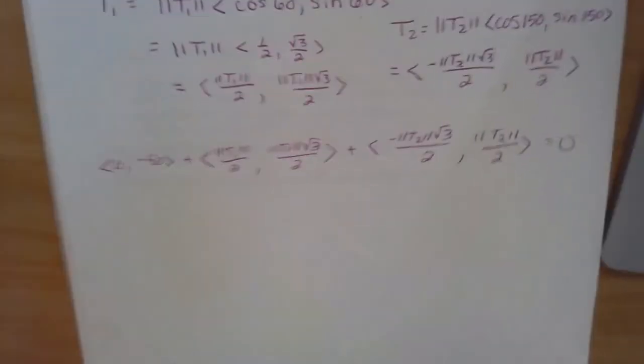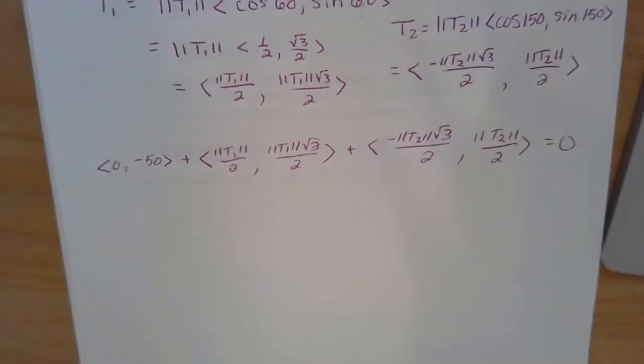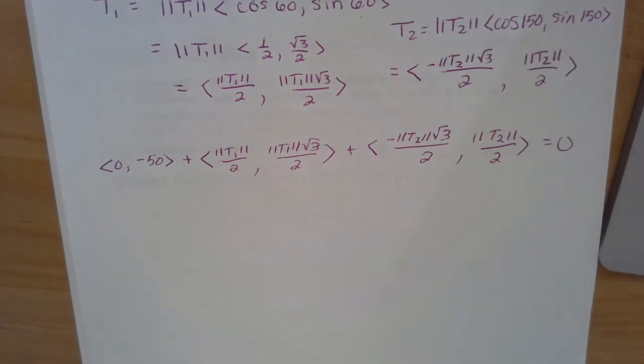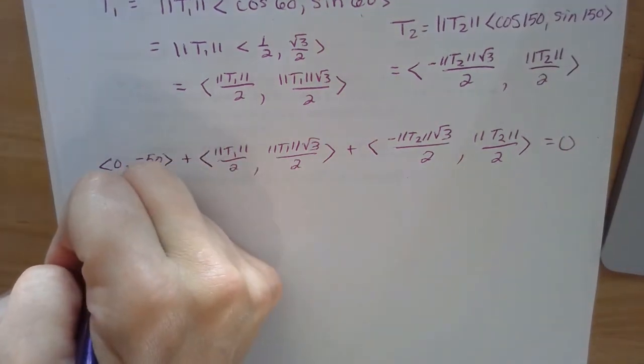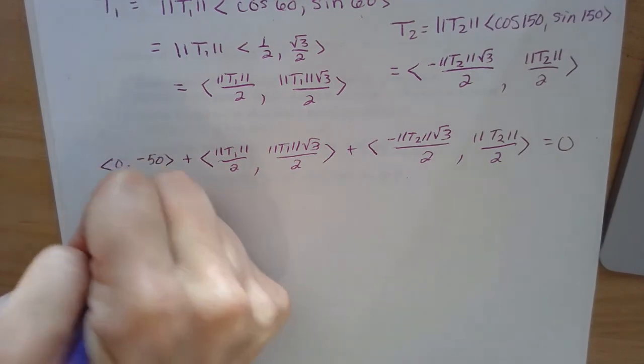Alright, so we're going to do our addition, right? We add all of our x components and all of our y components. Now, guys, when I add them, I'm not going to put it all in one vector yet. I'm going to look at different elements. So when I say the x component of it, I'm going to say element 1, because I don't want to get confused with things.